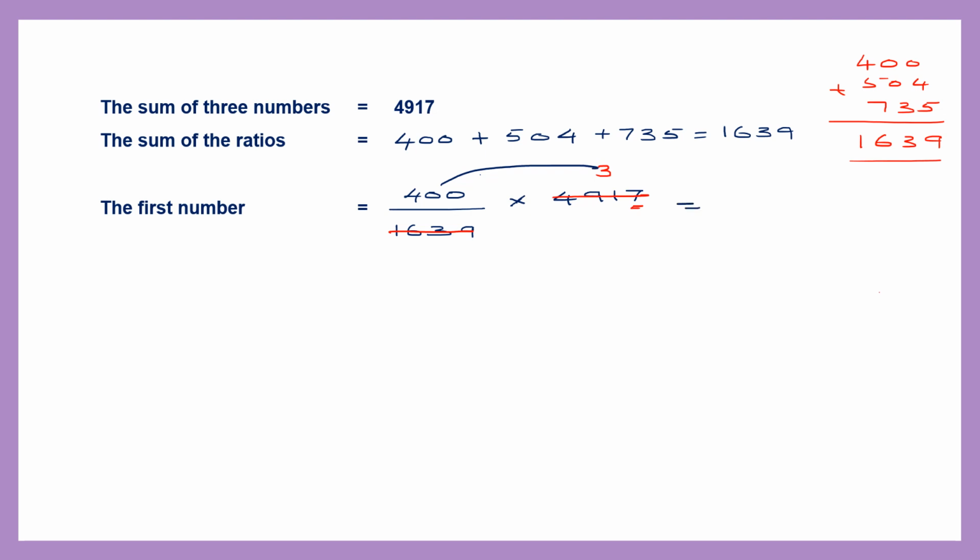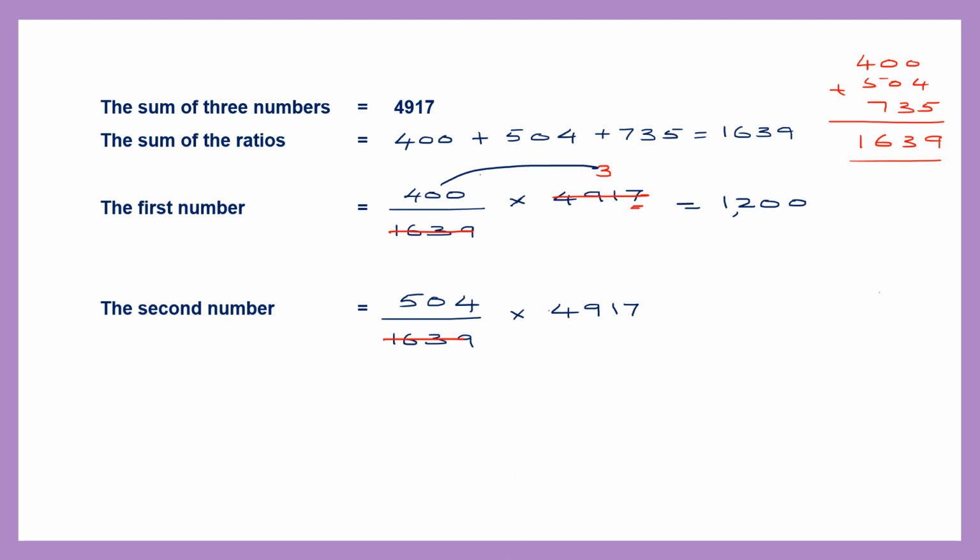So here what do we get? 4 threes are 12 and then add the 2 zeros. So the first number is 1200. Let's do the same way for the next one. The second number, take the second number in the ratio, which is 504, divided by 1639, multiply it by 4917. And since we've already done the cancelling here we can straight away do the cancelling.